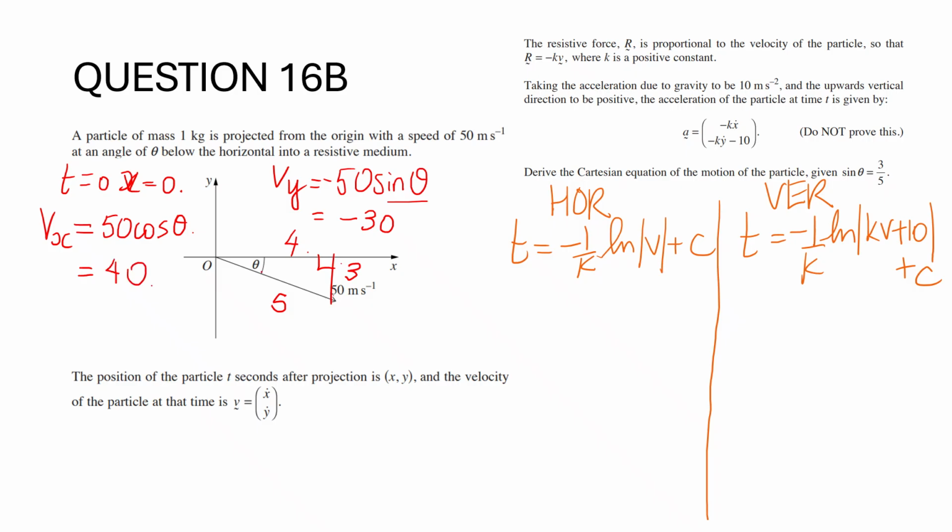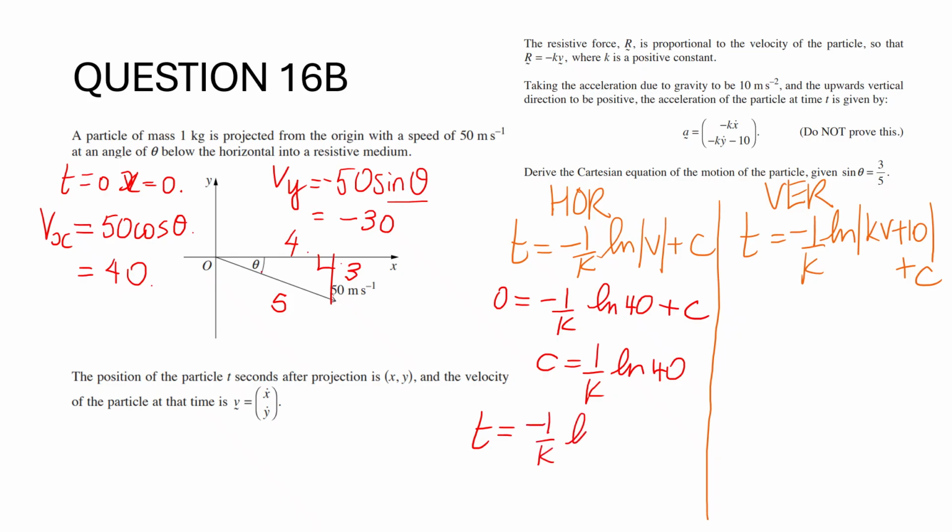Okay, so 0 is equal to -1 on k ln 40 plus c. c is equal to 1 on k ln 40, and so t is equal to -1 on k ln(v over 40). Now vertically, 0 is equal to -1 on k ln, and we have velocity equal to -30, so let's do 10 take away 30k, plus c.